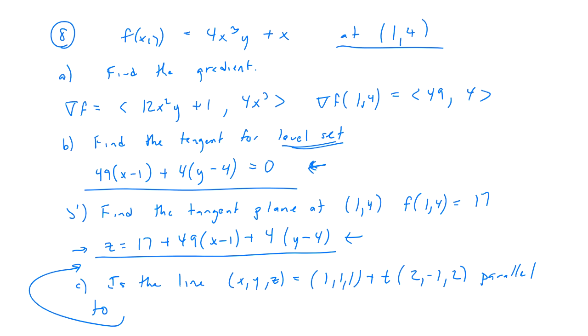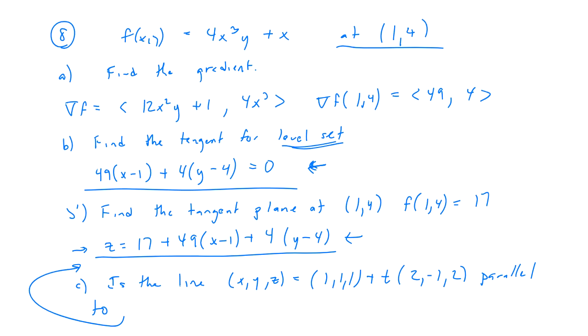And for the level set, you don't have to get the value of the function. And again, the reason for that is if we put it in, the level set would be 17 is equal to, and we take the derivative, the 17 would go away. Still 0.